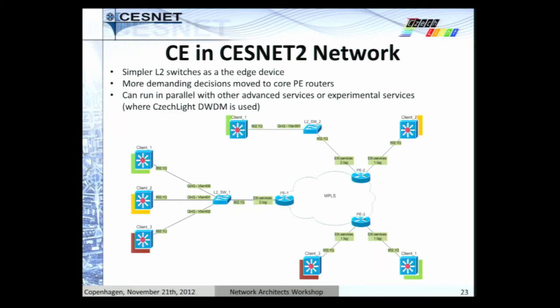Here I have a schematic view of our solution. We find simpler layer 2 switches which we can place in user premises and separate each service when at the end locality there is more than one customer.